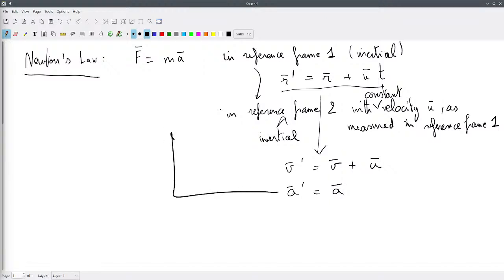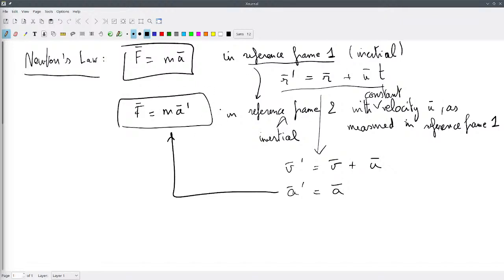And now we can go back and actually write that F is equal to m a prime as well. So Newton's second law is valid in our first inertial reference frame, and it's also valid in another inertial reference frame that is moving with a constant velocity with respect to the first. We could also add a shift in the origin, which is really something like a time coordinate shift.